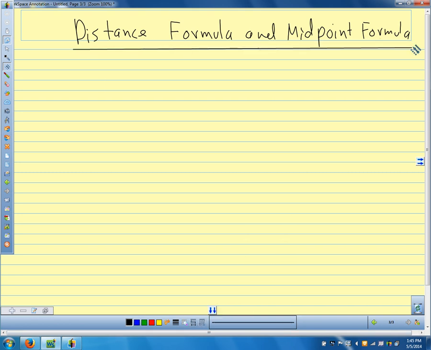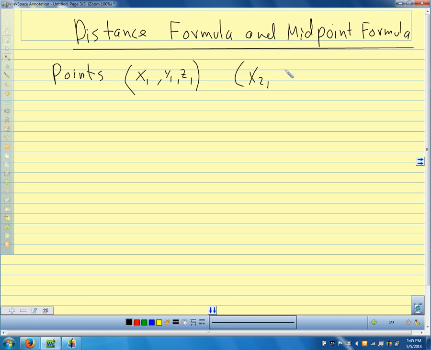We just have z added. We just add one more piece to our formula. So if we have points, our points are x1, y1, z1, and x2, y2, z2.